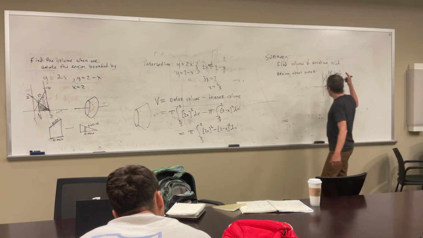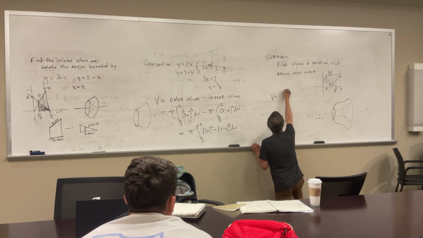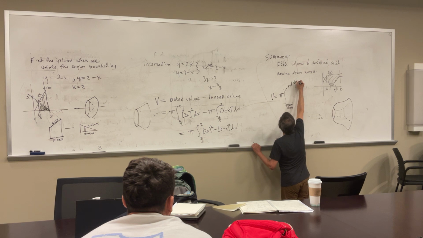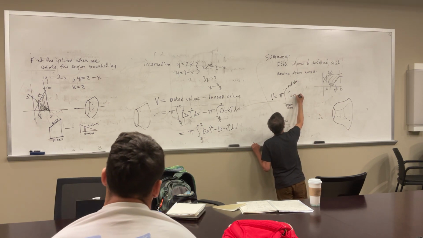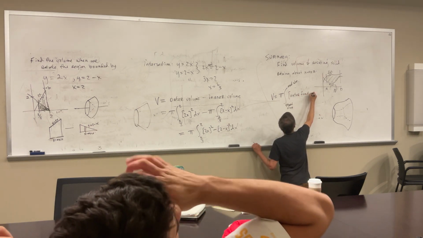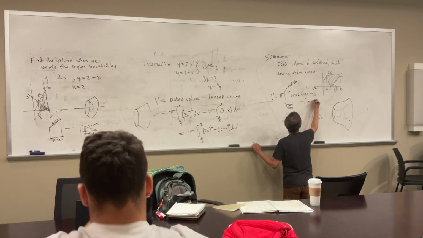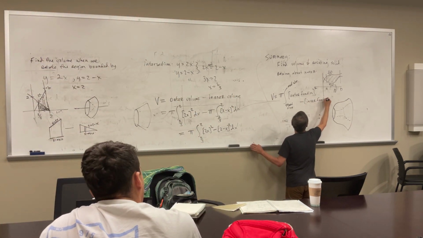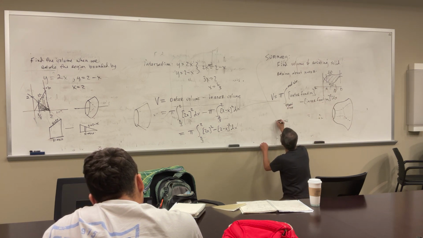So if I want this, what I'm going to do is take pi times the integral from the start slice to the end slice, and here that's a to b. And I'm going to have my outer function, and here that's f of x, squared, minus inner function squared, dx, using the notation I've set up.